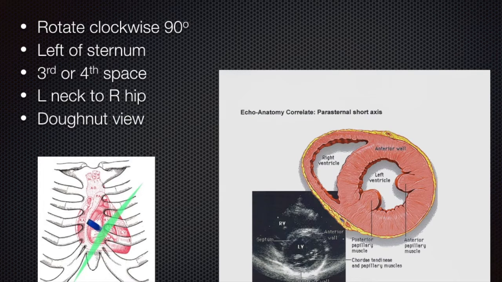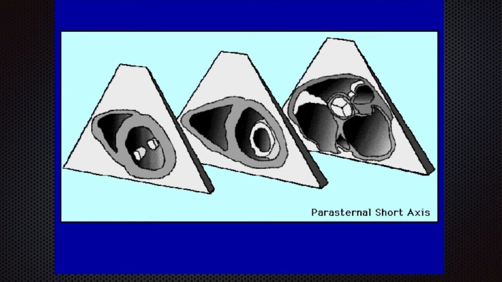Now remember, the papillary muscles, via the chordae tendineae, attach to the mitral valve leaflets. And if you can consider a croissant on top of the donut, to the left and at the top, that's the right ventricle. So it has that appearance of a croissant, whereas the left ventricle looks like a donut on this view.